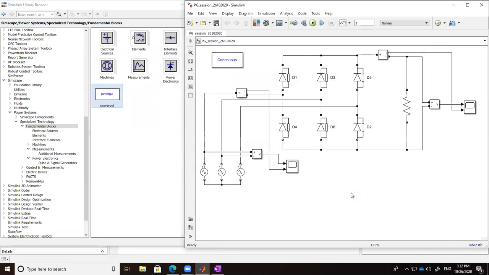Now, do you have any confusion related to any of the points that we have discussed so far?